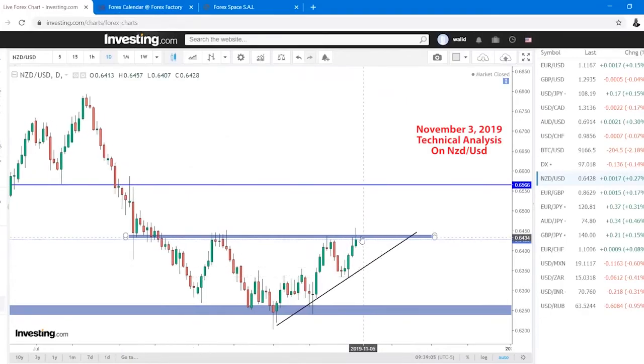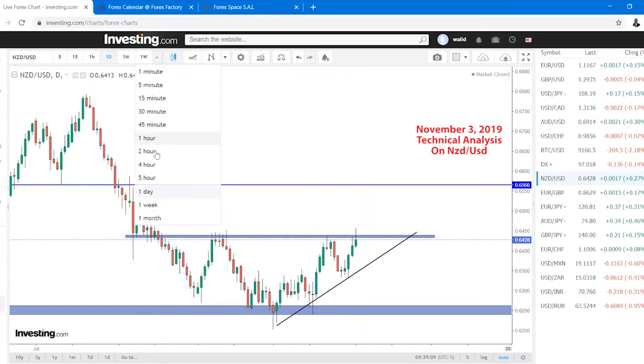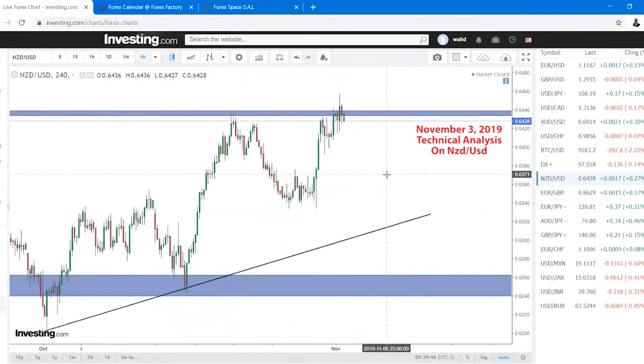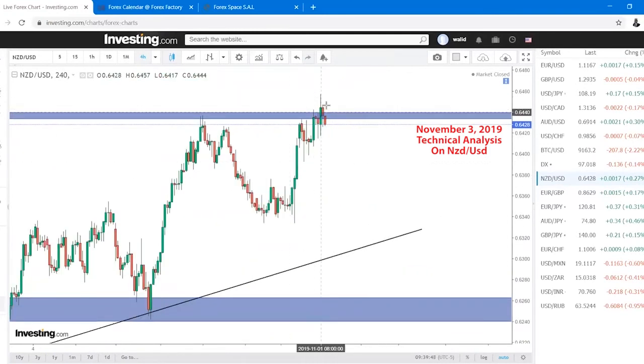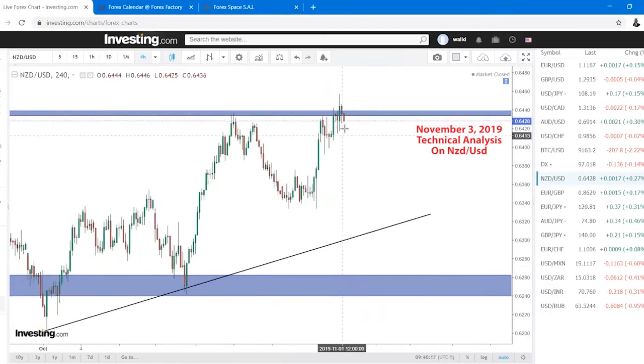We need to look for a rejection for this level. I will go for the 4-hour time frame. On the short-term analysis, we will focus on this pattern. As Sam said, if data were negative for the NZD, we might see a reversal pattern here. We notice a potential pattern. It's still in the formation process.